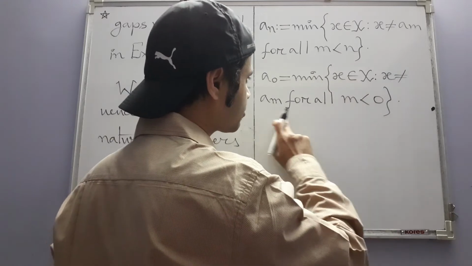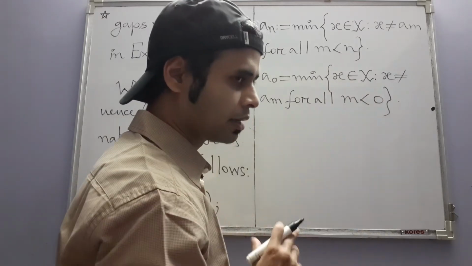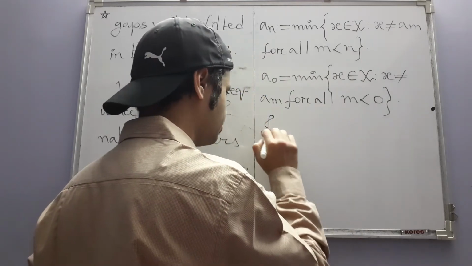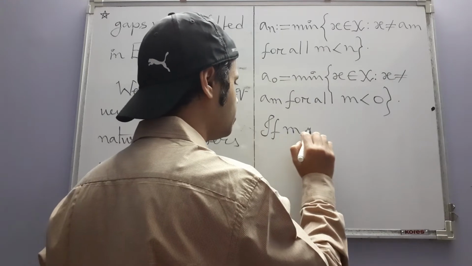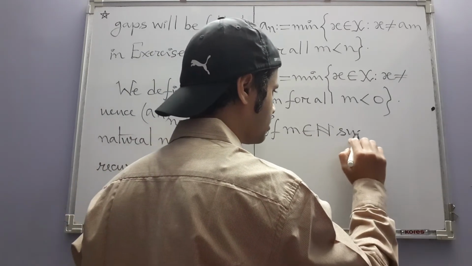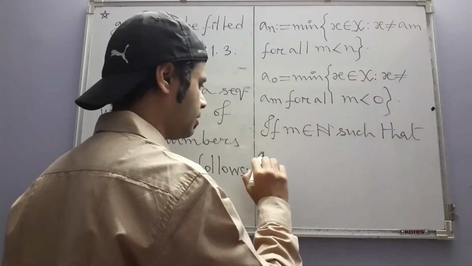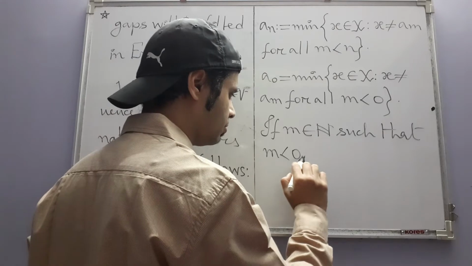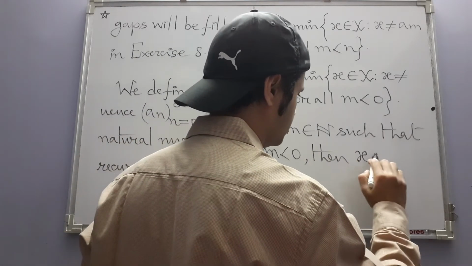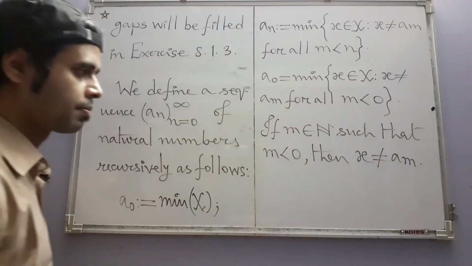Keep in mind that this condition can be written in a slightly different manner like this as an implication. If m is a natural number such that m is less than 0, then x is not equal to am.